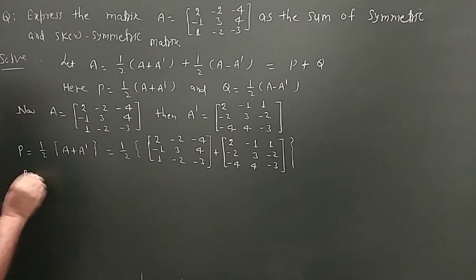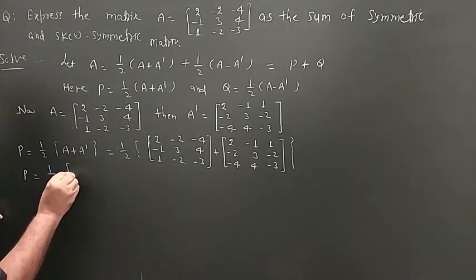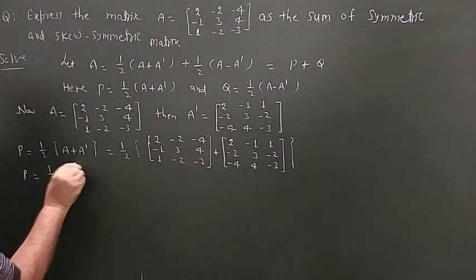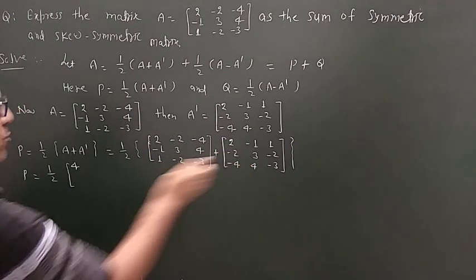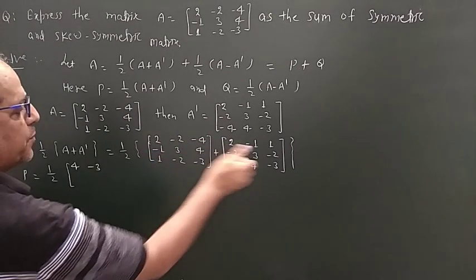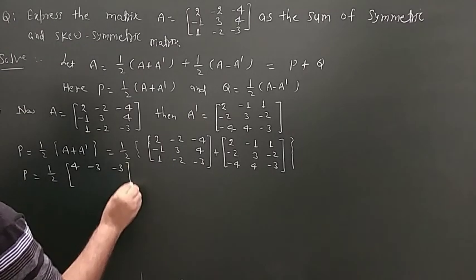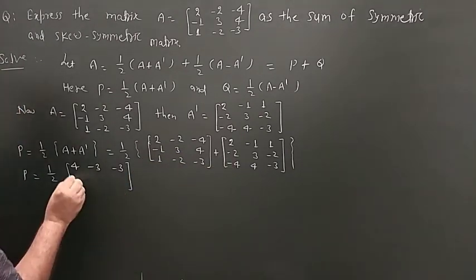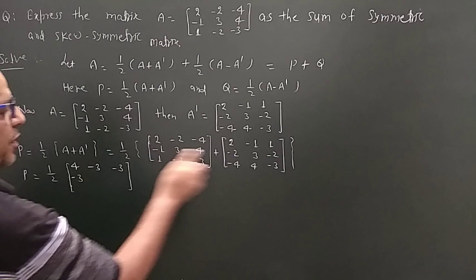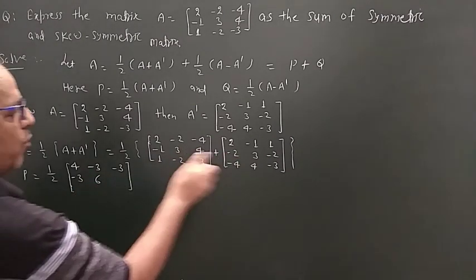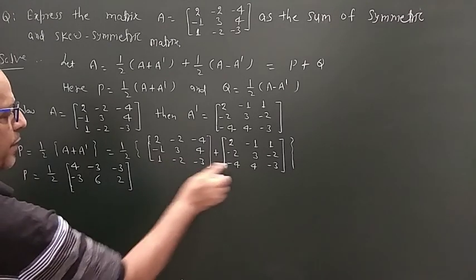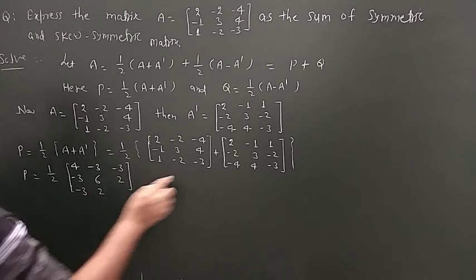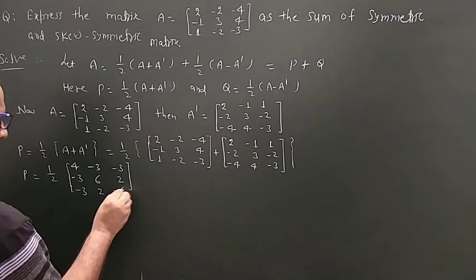So now P equals 1 upon 2 times the matrix with rows 4, minus 3, minus 3; minus 3, 6, 2; minus 3, 2, minus 6.